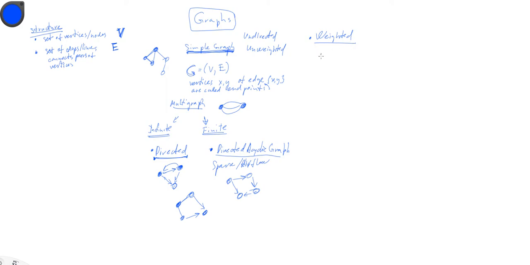The weighted graphs have weight associated with each edge, for example, like that. It could be, for example, a distance between cities, something like that.